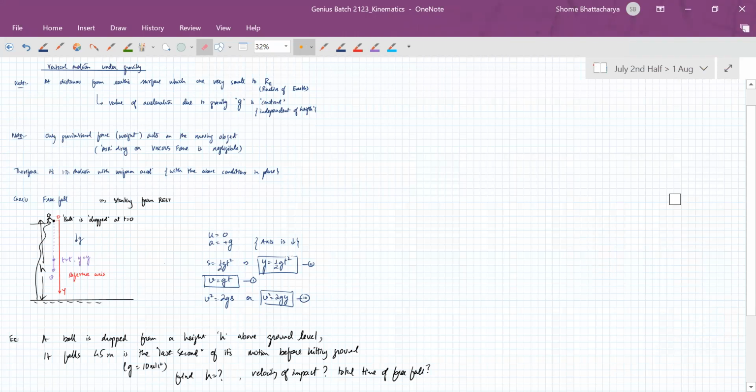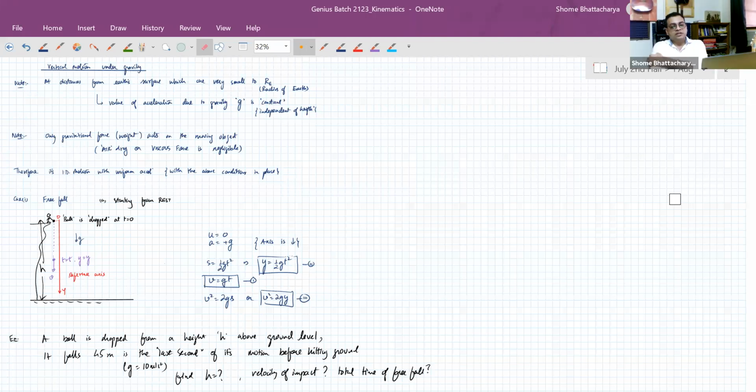So the velocity became 45 meters per second, right? Wait, no, beta. See, within 1 second also velocity changes, no? At t equal to 49, if it started from free fall, what would the velocity be? It would be 490, sorry. At t equal to 50 seconds, what would the velocity be?